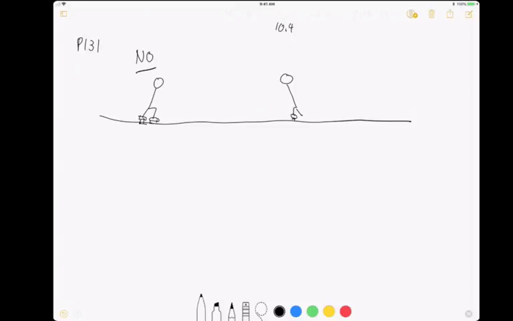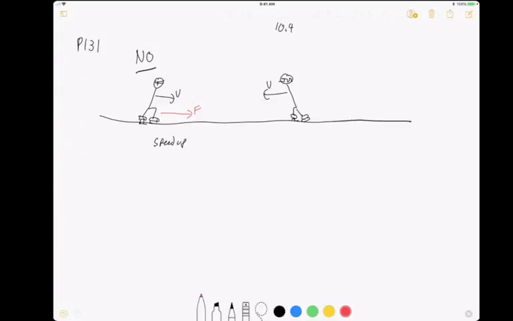So let's suppose we have an example here. This guy is going this way. This guy is going that way. They're wearing helmets. Let's say they speed up. Which direction do they have to push off the ice to speed up? They have to push off the ice so that there's a force pushing them that way.